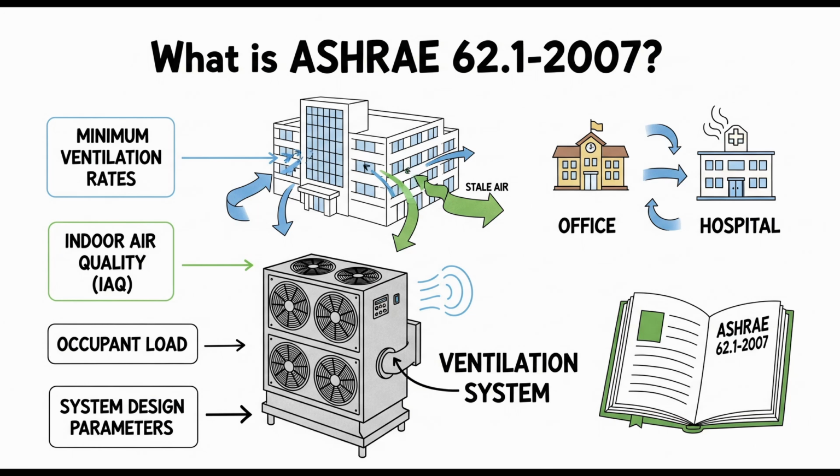Correct. And for mechanical systems, Section 5 lays out some really crucial design points. One key thing, the system has to be designed so it can be balanced, meaning you can adjust it to make sure it actually delivers the minimum required ventilation air even when things change, like occupancy. And another critical point, sometimes overlooked until there's a problem, Section 5.14 mandates access.